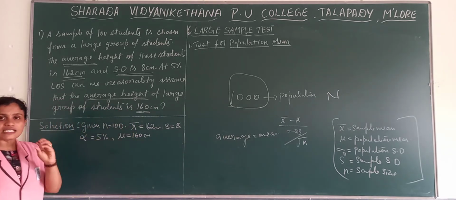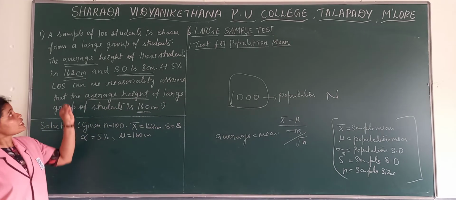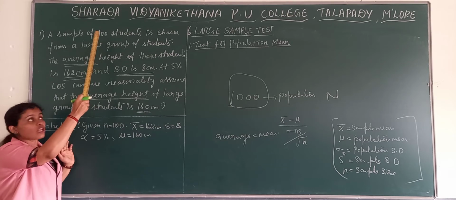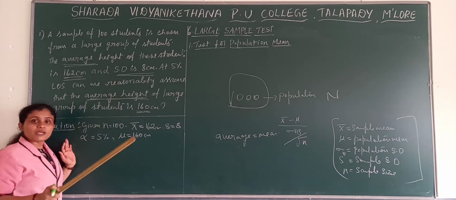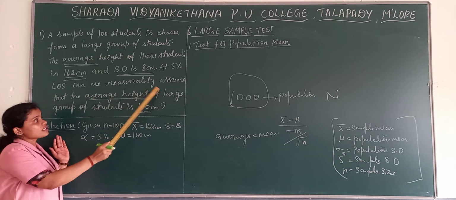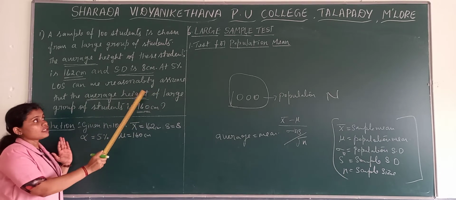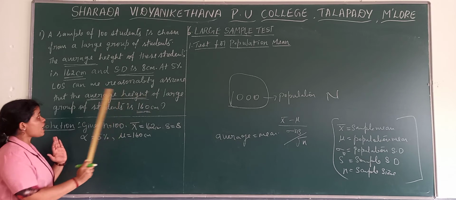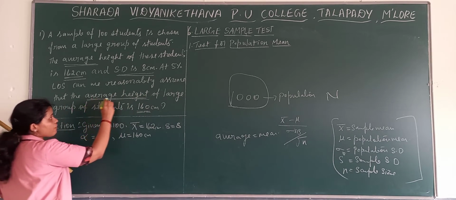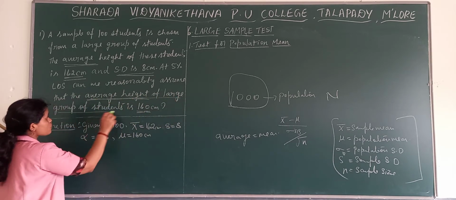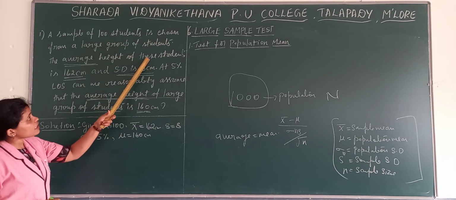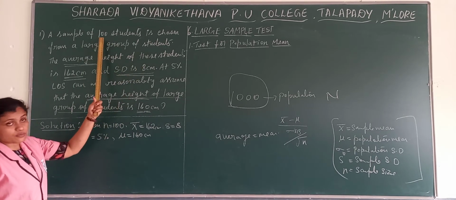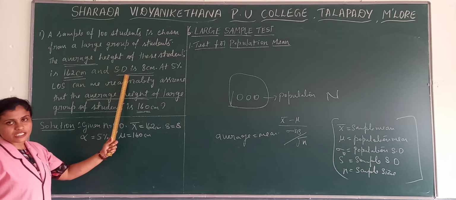The mean and standard deviation that come along with the sample are the sample mean and sample standard deviation. The mean which is given separately is for the whole population, the large group of students. They have not mentioned the average height of these 100 students there. Here they have given the average height of these students, which is the sample mean and sample standard deviation.